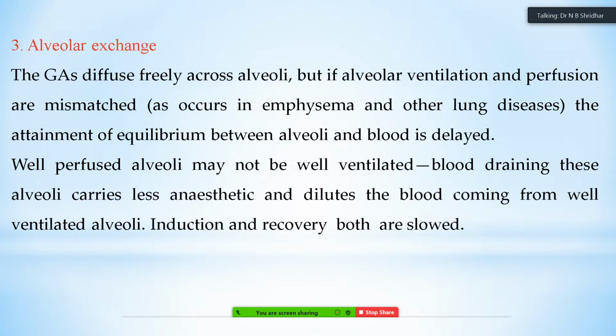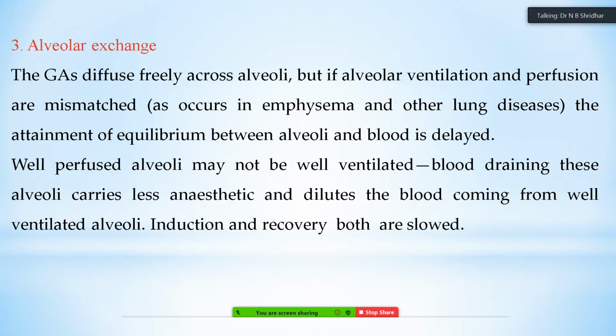Then there is alveolar exchange, the exchange of gases. General anesthetics diffuse freely across the alveoli, but if alveolar ventilation and perfusion are mismatched, the attainment of equilibrium between alveoli and blood is delayed.